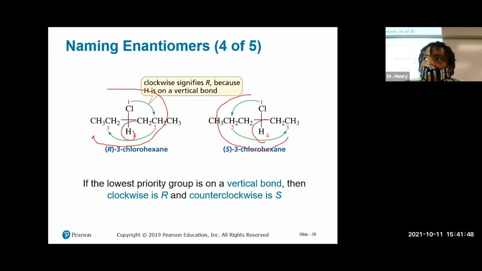Okay. So if the lowest priority group is on the vertical bond, then R counterclockwise is S. Same thing, right?